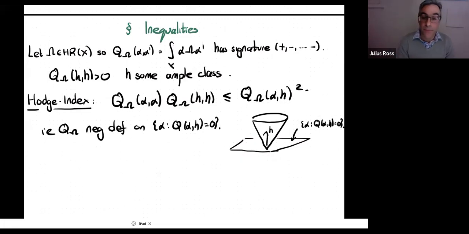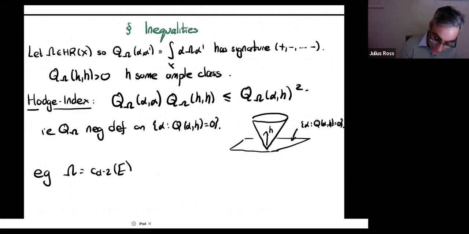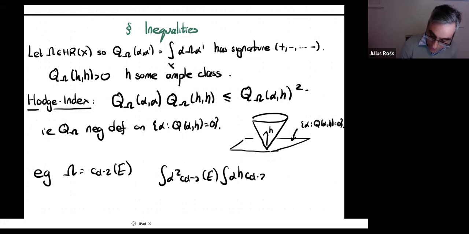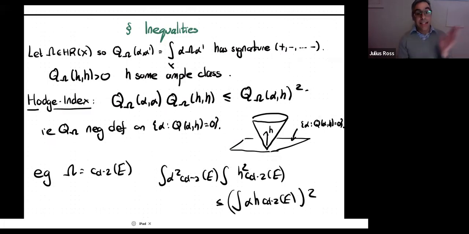For example, let's take omega to be c_{d-2} of E. Then if you integrate alpha squared c_{d-2} of E, times integral of H c_{d-2} of E, that's bounded by, I made a mistake, sorry, the integral of alpha H c_{d-2} of E, squared. This is some inequality to do with just that particular Chern class of E. I think that's interesting in itself.